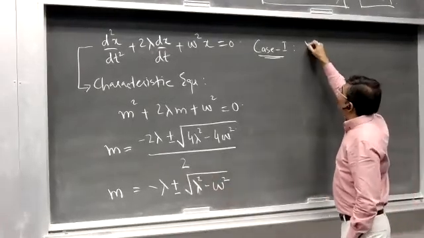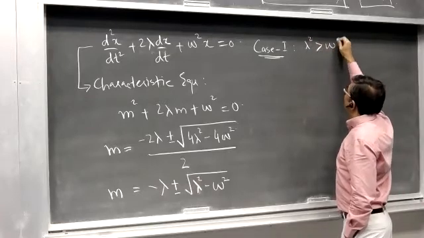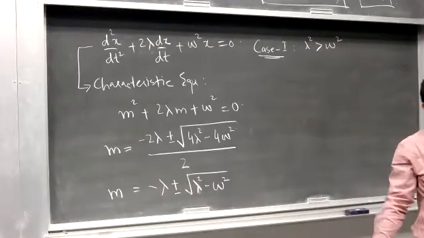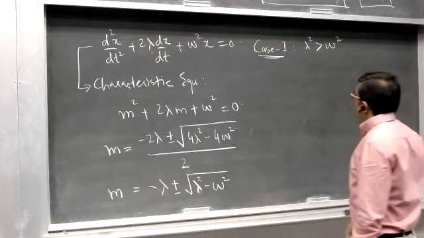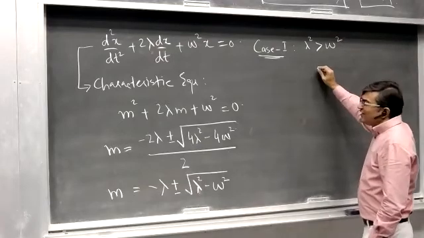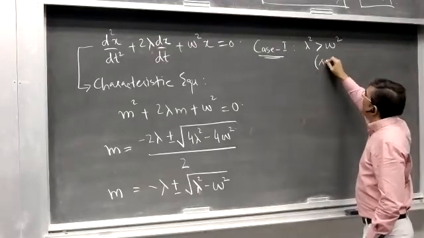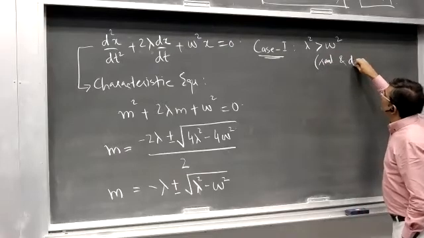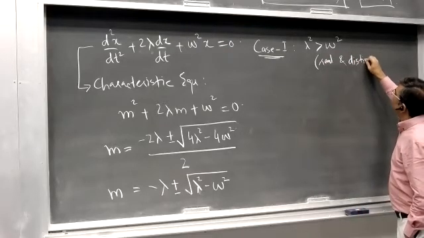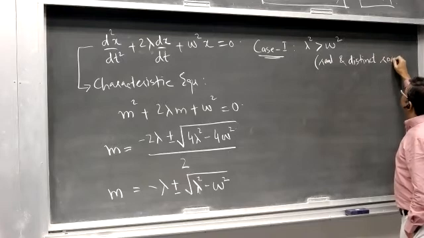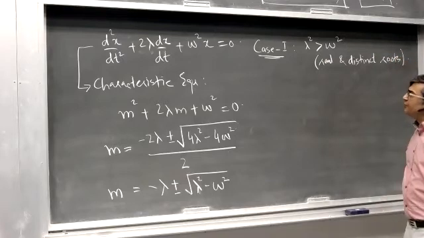If lambda square is greater than omega square, then there will be real and distinct roots.